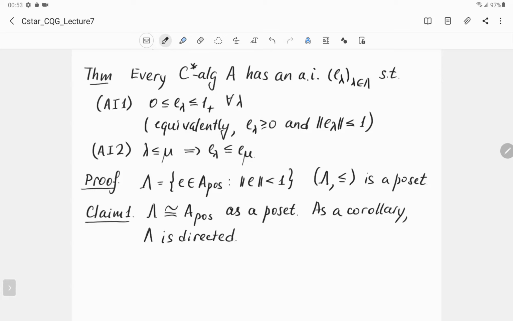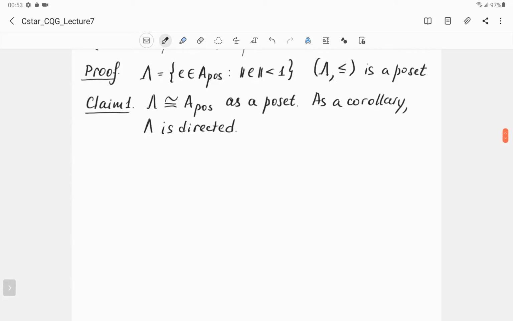Of course, the positive cone is directed because if we have two positive elements, say a and b, then each of them is dominated by their sum, which is also positive.